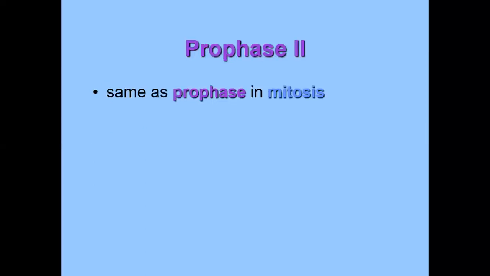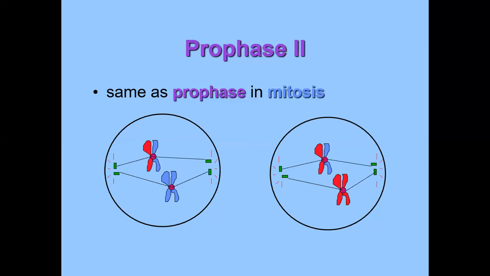So meiosis 2 also contains all the phases: prophase 2, metaphase 2, anaphase 2, and telophase 2, same as in meiosis 1. In prophase, the nuclear envelope disappears, and centrioles form spindle fibers that are attached at the kinetochore protein, which is present around the centromere.